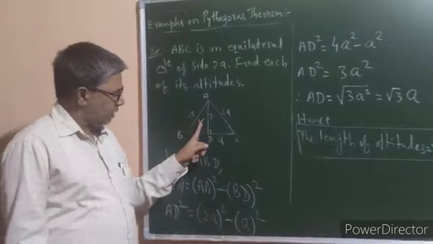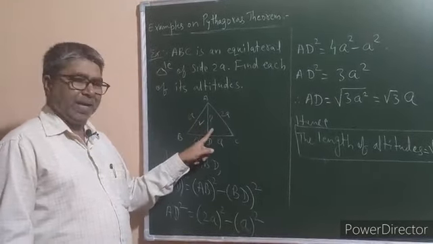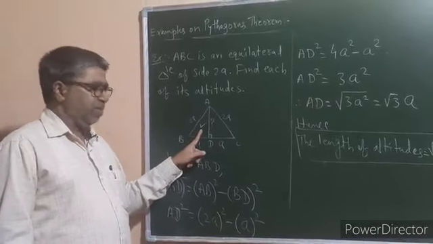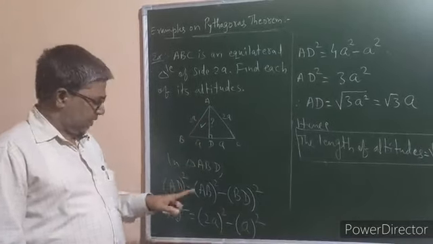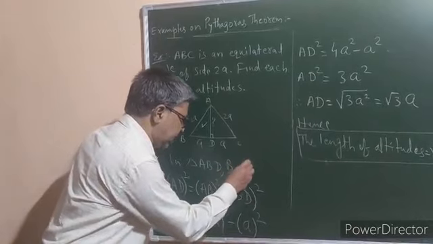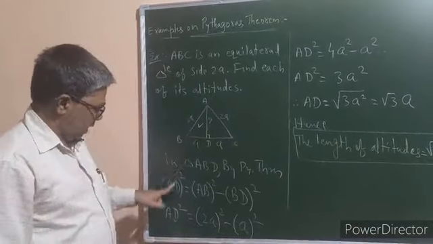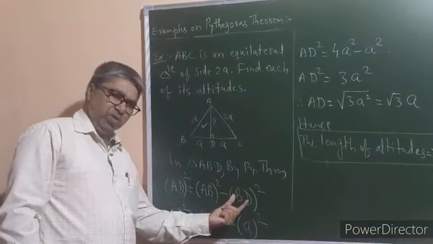Now consider any one of these two triangles, because these two are right angle triangles. So considering right angle triangle ABD, by applying Pythagoras theorem, let us solve the example. In triangle ABD, by Pythagoras theorem, AD square is equal to AB square minus BD square.